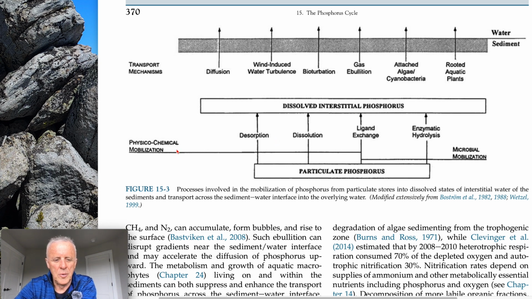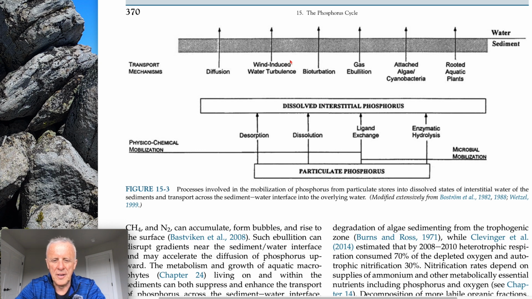Then we have physical chemical mobilization. So we have desorption, dissolution, ligand exchange, enzymatic hydrolysis. And so this is microbial mobilization. So this is enzymatic hydrolysis and ligand exchange, while this is a more physical chemical mobilization between desorption, dissolution, and potentially ligand exchange being part of that as well.